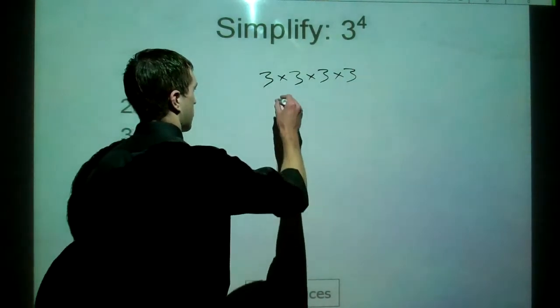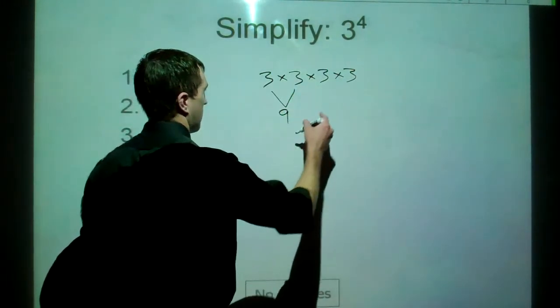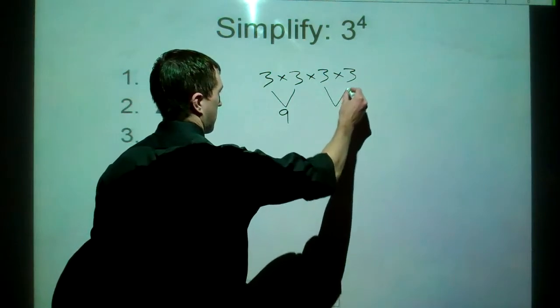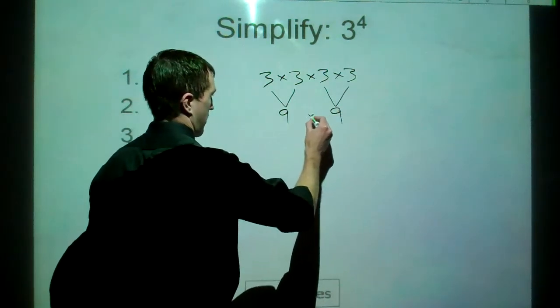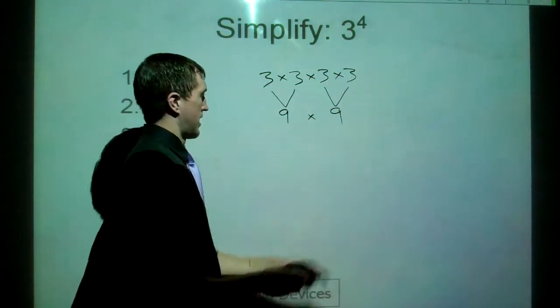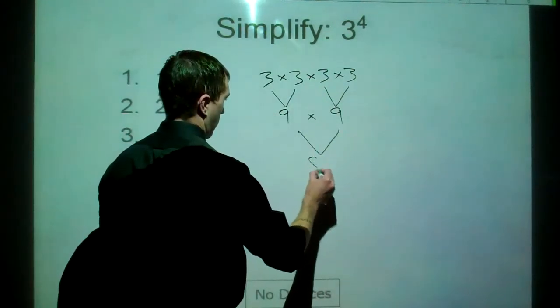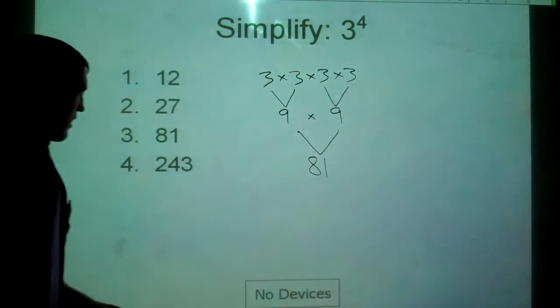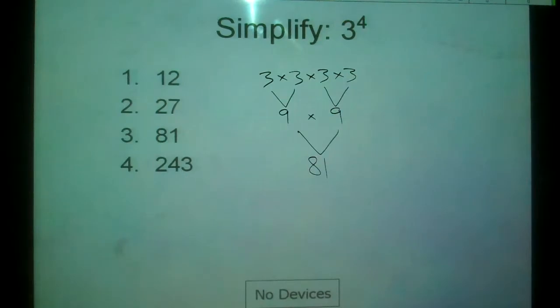What's 3 times 3? Well, we know that's 9. So 3 times 3 is also 9. Now multiply those two together. 9 times 9, 81. So we should be getting number 3 there. Mr. Smiley Face says, yeah, that looks good. So 81 there, okay?